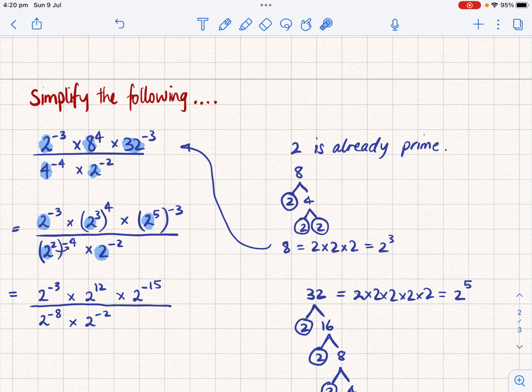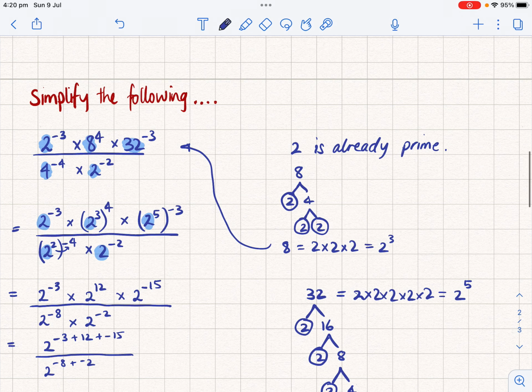Next step, we're going to work with our numerator and our denominator separately. So I'm going to do the multiplication on the numerator. When I multiply, I keep the base, add the powers. So it's going to become 2 to the power of negative 3 plus 12 plus negative 15 on the numerator. And then on the denominator, it'll be 2 to the power of negative 8 plus negative 2. Now I don't try and move the negatives around at all.